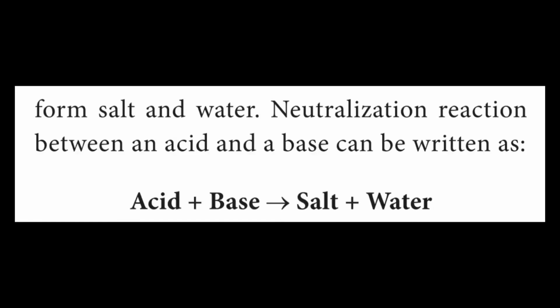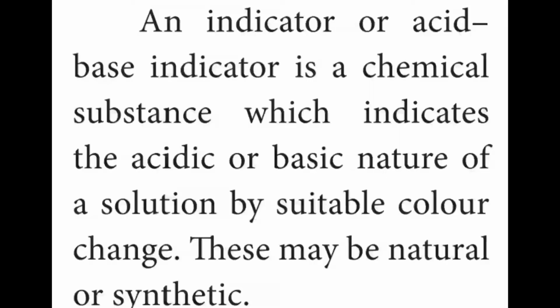Then move on to indicators. An indicator or acid-base indicator is a chemical substance which indicates the acidic or basic nature of the solution by suitable color change. They may be natural or synthetic.